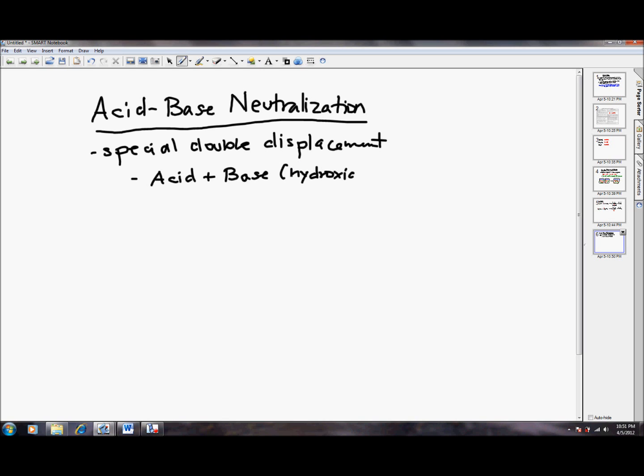You should know what acids are by now. But bases are compounds that contain OH. They're special because instead of making a precipitate, they make water.